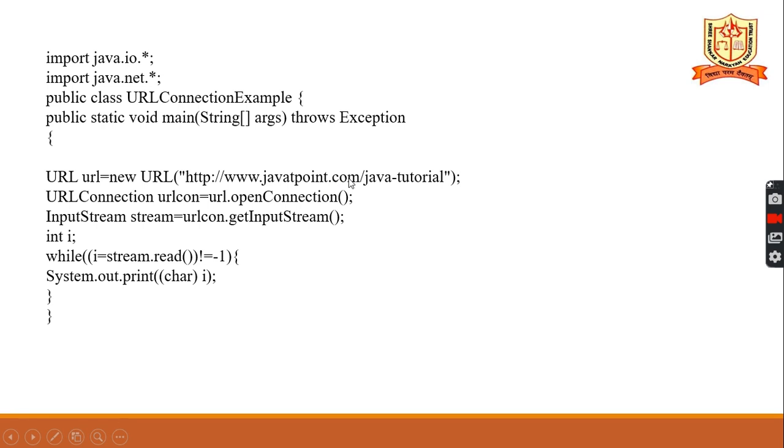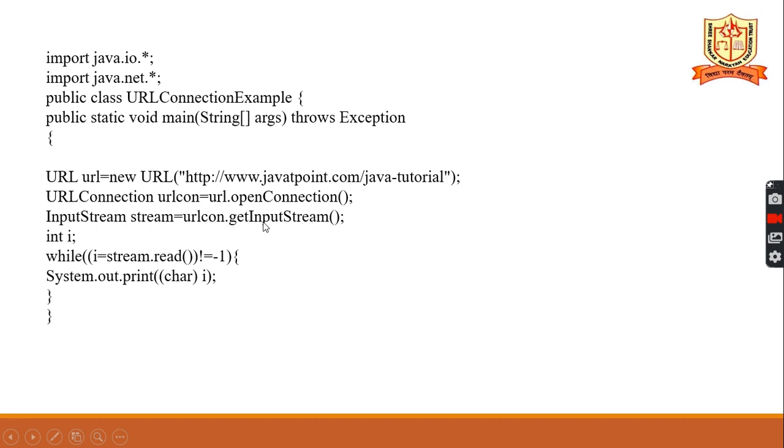You have to write the URL address. After that you are using the URLConnection object equals the URL class object dot openConnection. You are opening the connection between this file and this URL, and then InputStream object equals URLConnection object dot getInputStream.